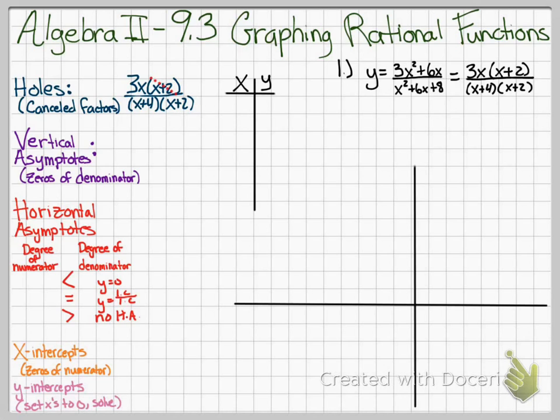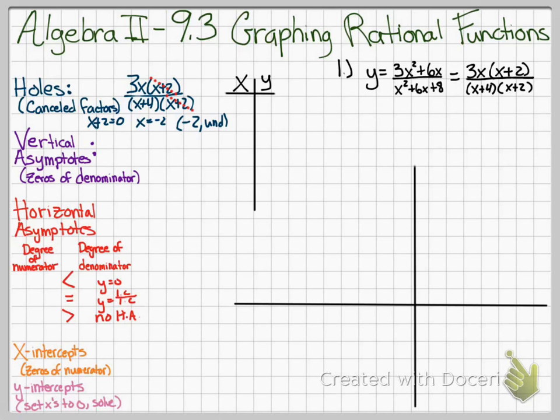We can cancel out the x plus 2's. The canceled factors, remember, we have to set equal to 0 and solve. So if we do that, we have x plus 2 equals 0, which means that x equals negative 2. So we're going to have a point on our graph that's negative 2 comma undefined. That's going to end up being a point on our graph.